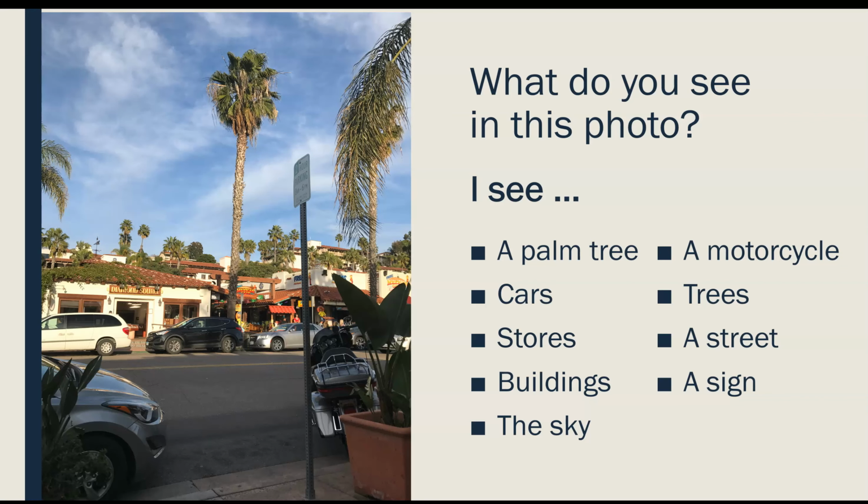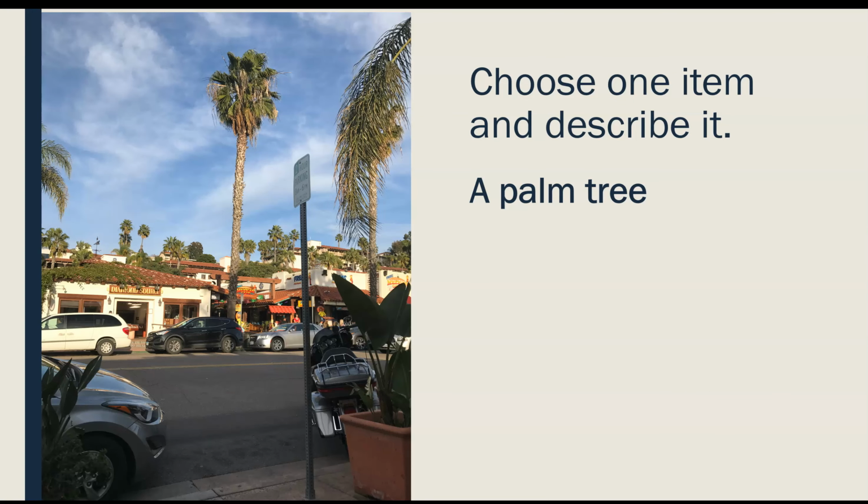Okay, so we're just taking time to look at different pieces. And now, this is the important part. We will choose one item and describe it. Okay, an item means a thing. So choose one thing in the picture, in the photo, and describe it.